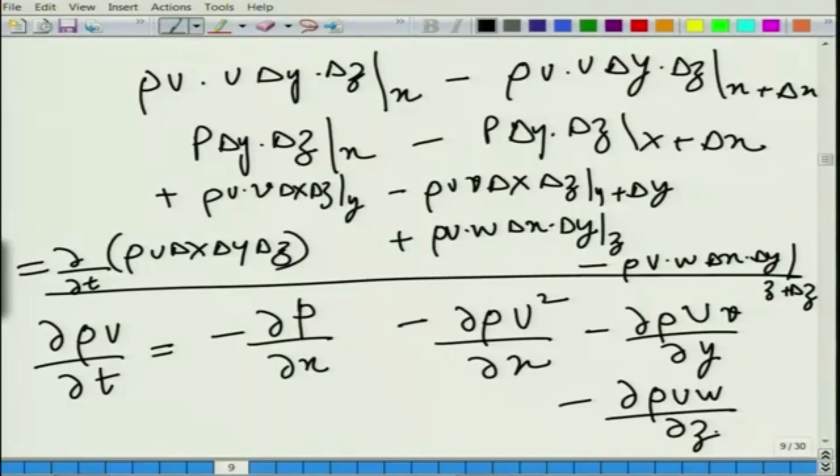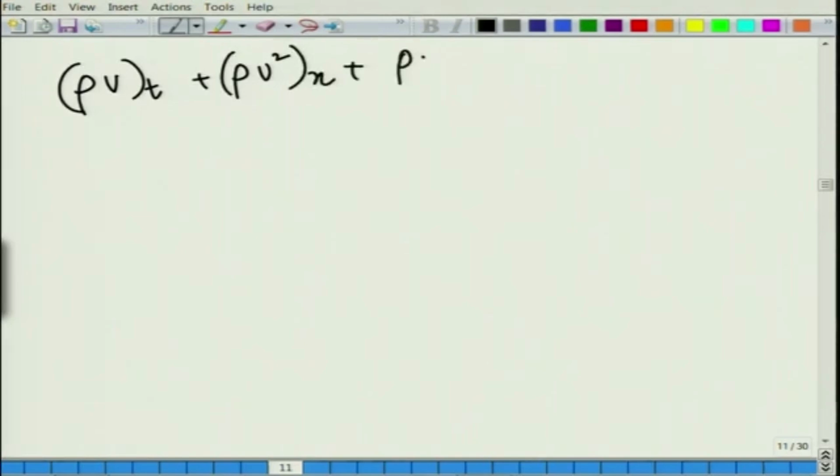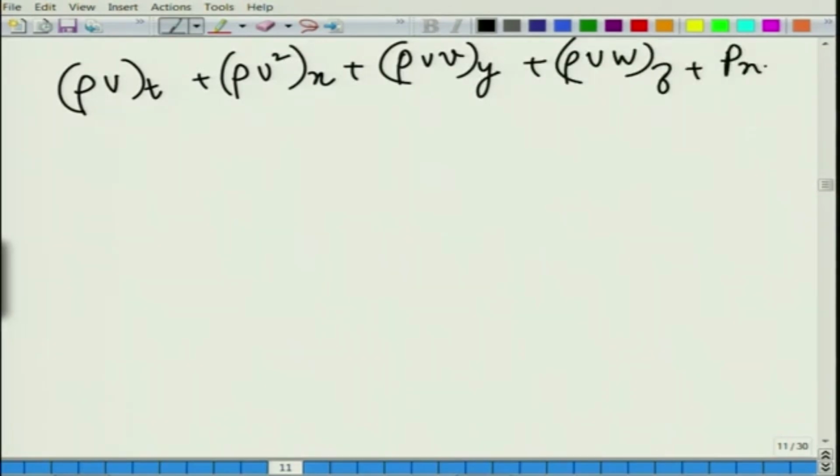If we were to simplify this further, probably what we could do is write this a bit more compactly: rho u times t plus rho u square times x plus rho u v times y and rho u w times z plus p x is equal to 0.